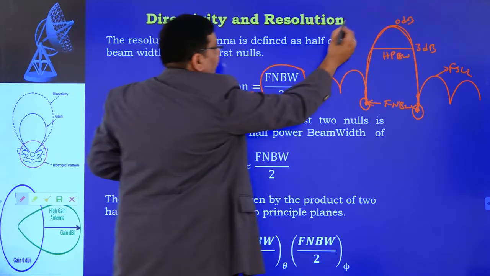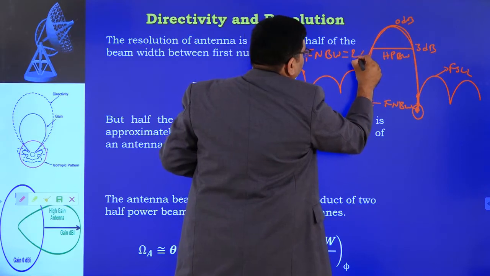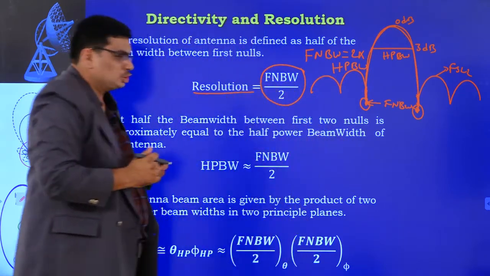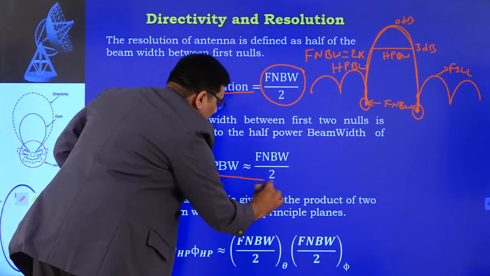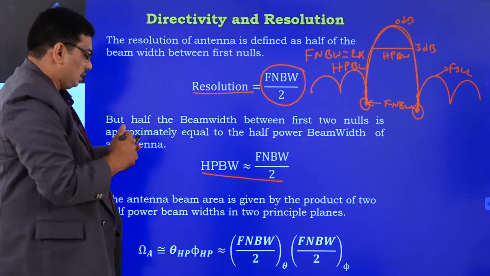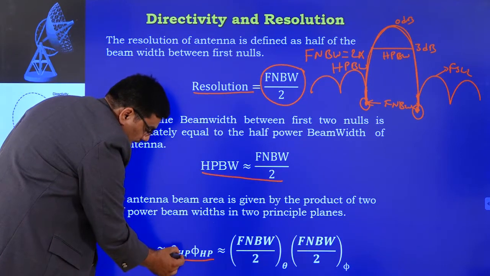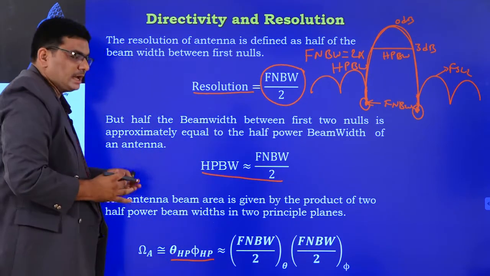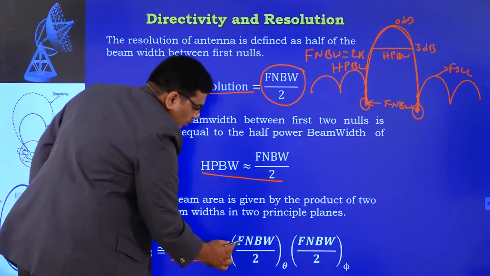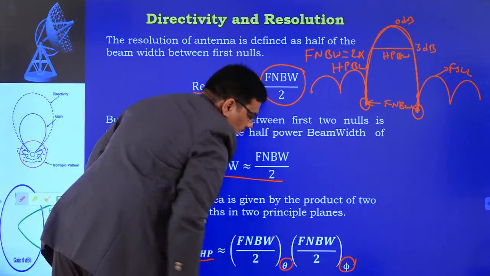We can also express the antenna beam area in terms of the half power beam widths in theta and phi, in two particular planes.